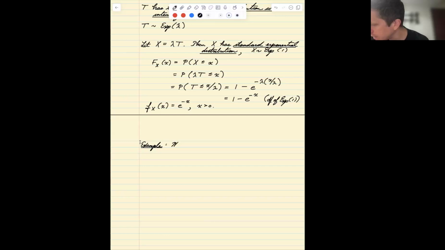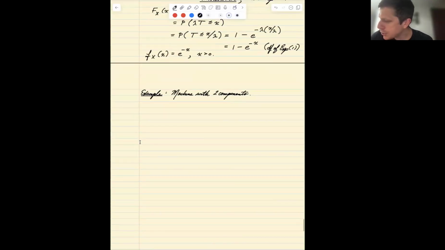So let's imagine we have a machine with 2 components. Let T1 be the time until failure of component 1.